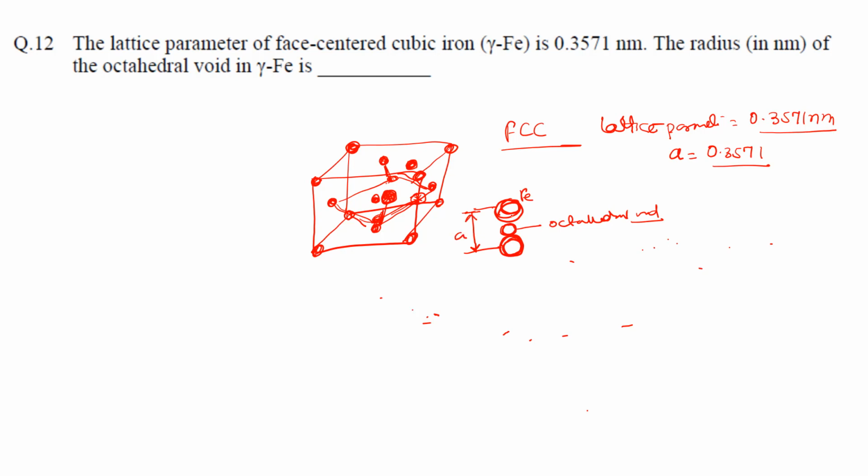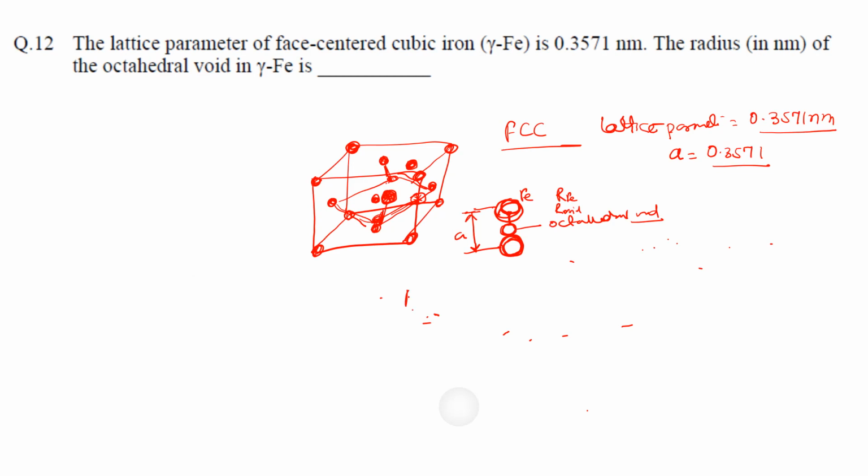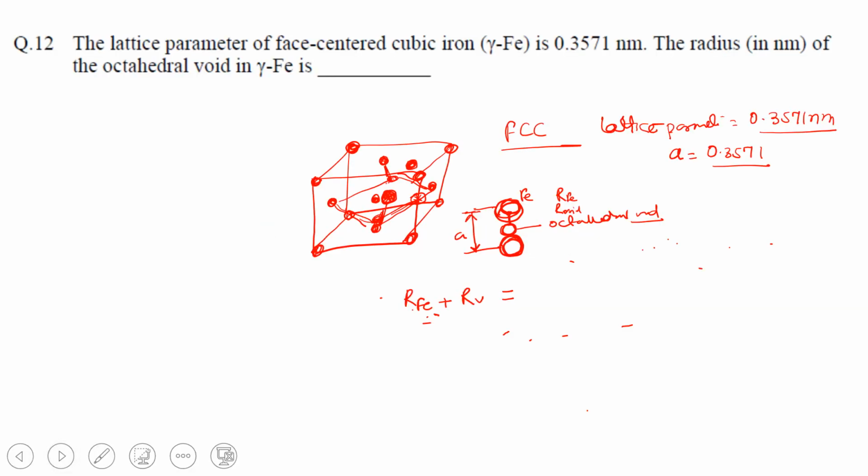So we can write here: let the radius of the iron atom be R Fe, and the radius of the octahedral void be R void. So R Fe plus R void is equal to a by 2, right?